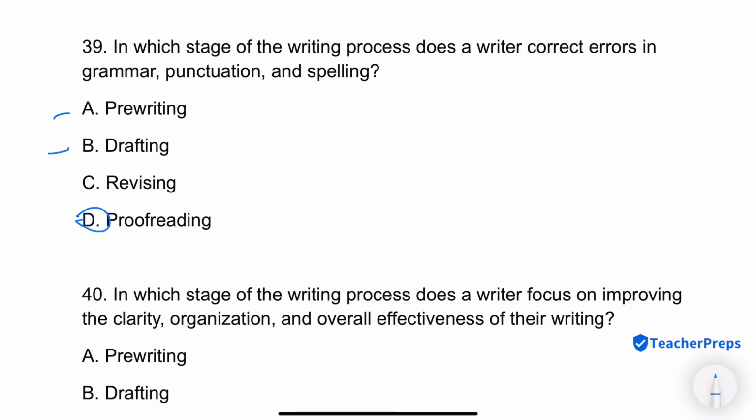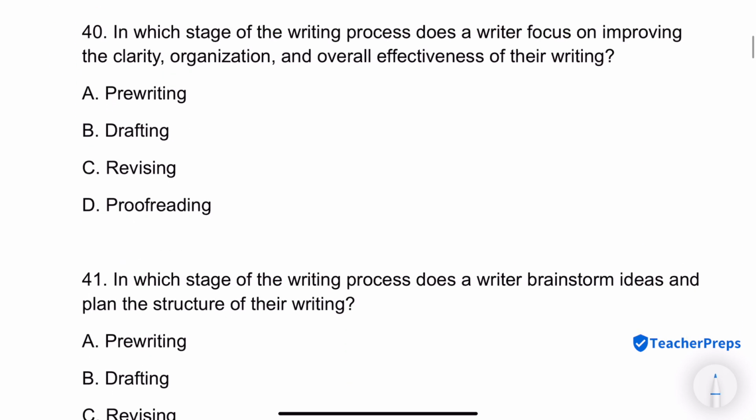All right, moving on to question number 40. In which stage of the writing process does a writer focus on improving the clarity, organization, and overall effectiveness of their writing?